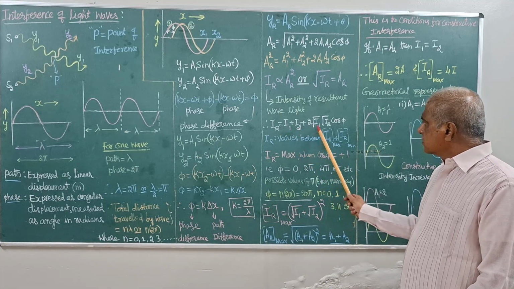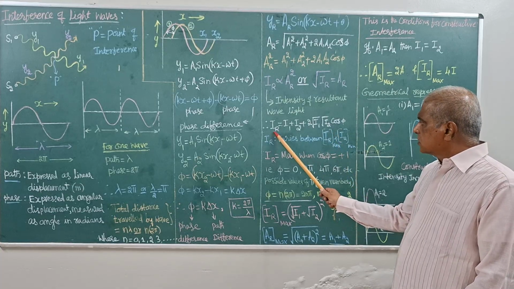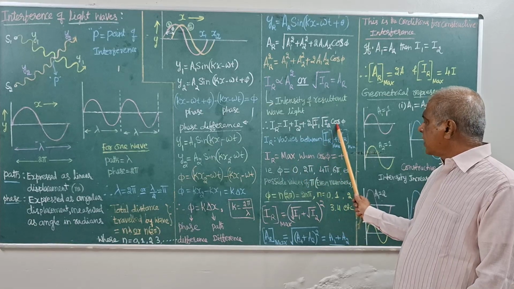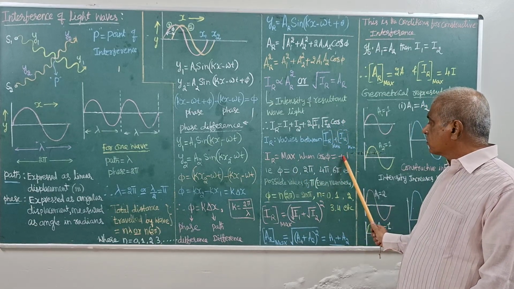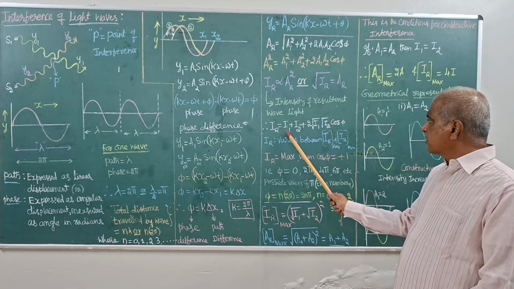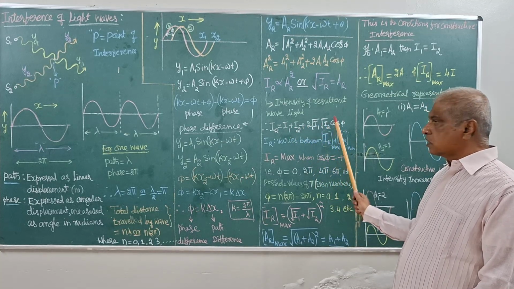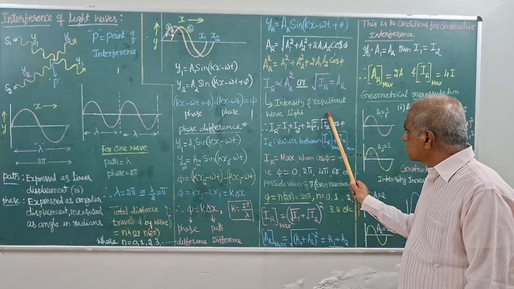In this equation, use your mathematical knowledge. For IR to be maximum, cos phi must be plus 1. Important: cos of pi is plus 1. If cos phi is plus 1, it becomes I1 plus I2 plus 2 times the root of I1 I2.